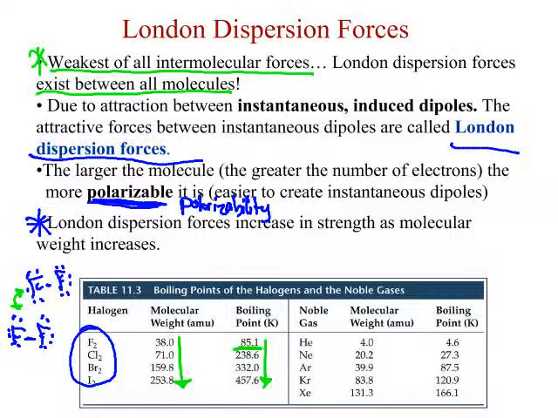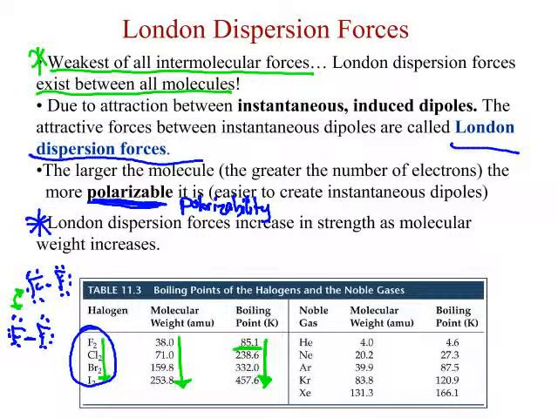Their boiling point going up should cause you to realize that the degree of attraction between molecules of these halogens increases as you go down the group. The reason for that is because as the molecules get bigger, as we go from fluorine down to iodine, they're getting more and more electrons, the molecules become more polarizable, and so the attractive force between those discrete molecules is going to increase.